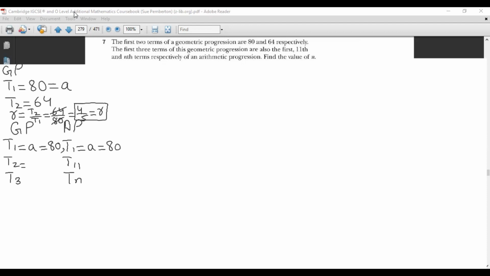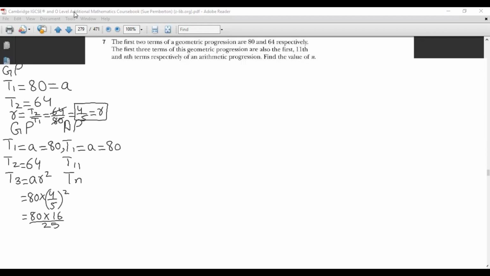T2 was also given in the GP, that was 64. And T3, I don't know yet. That is going to be AR squared, which means 80 into 4 over 5 whole squared, which becomes 80 into 16 over 25.